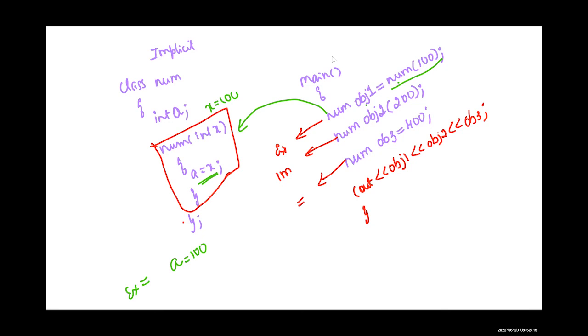Now when it comes to implicit call, what is happening? Num object of 200. In this case also I am going to invoke the constructor and here the value is going to get initialized to 200. In the third case, that is using the equal to operator, remember, this can be used only when you have one argument.